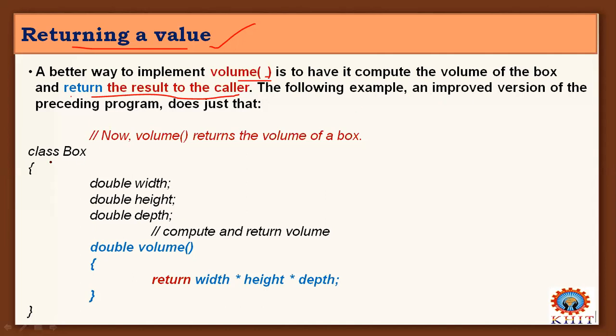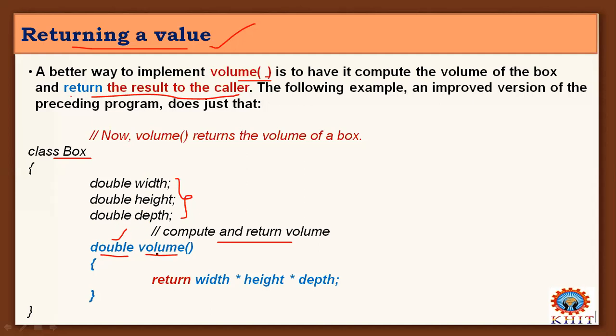See this example, the modified version of the same box class, which computes and returns the volume using a method. Here in the volume method, I have given the return type as double because it returns a value, the volume of the box. The volume calculation is based on width, height and depth, which are variables of type double, so the volume of the box should result in the double data type.